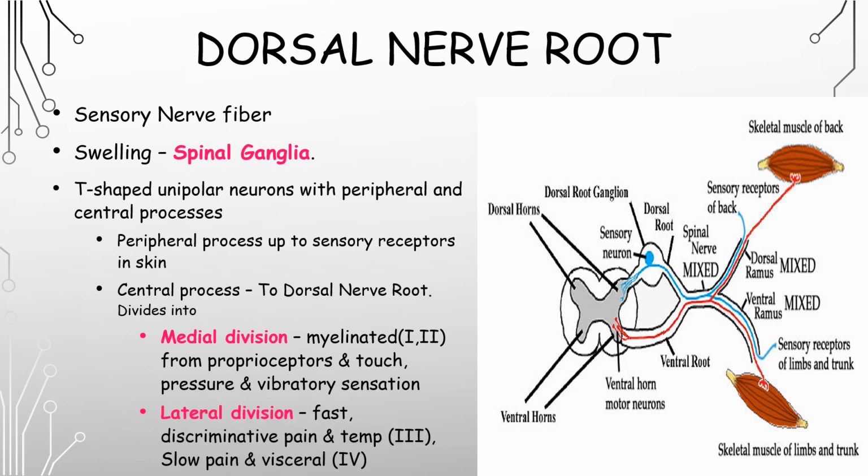The lateral division is composed of thinly myelinated group 3 fibers and unmyelinated group 4 fibers. Fast and discriminative pain and temperature sensations are conveyed by the group 3 myelinated fibers. Slow pain and visceral sensations are conveyed by the group 4 unmyelinated fibers.